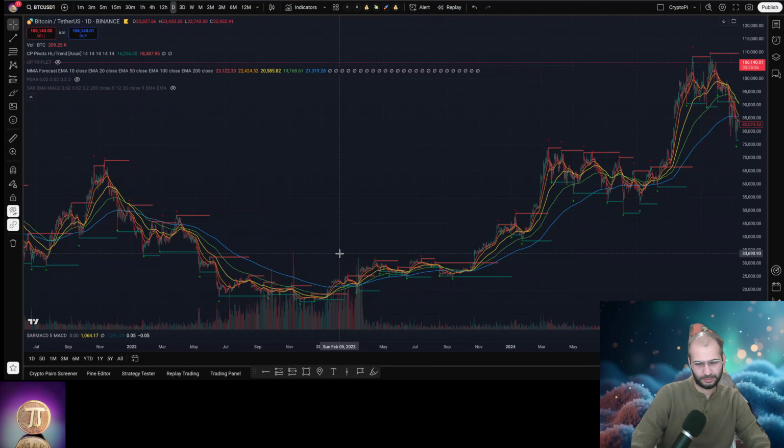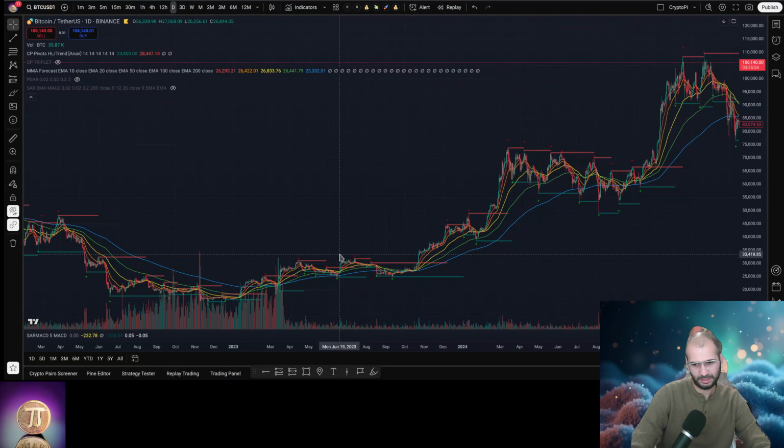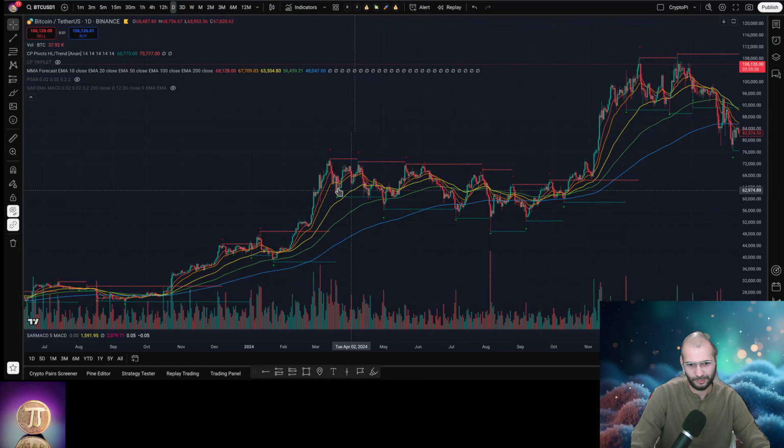So traders try to find a balance between the slow moving averages, which are 100, 200, and fast moving averages, which are 10, 20, and so on. The problem with fast moving averages is that they flip a lot as per the price action.